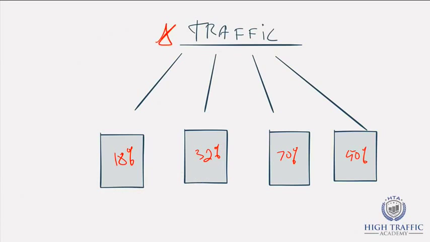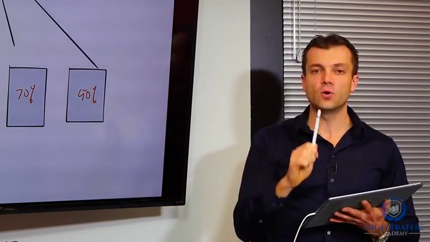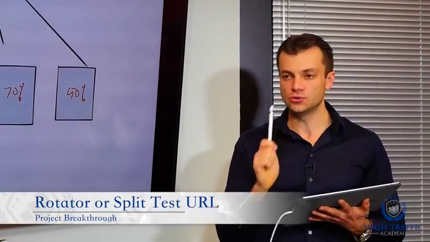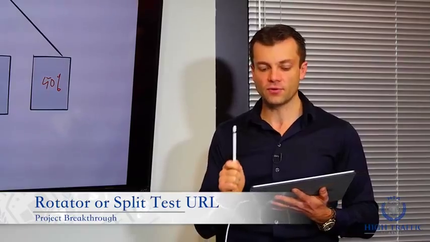Let's say I purchase traffic, I purchase clicks, and I get 1,000 clicks, which we'll talk about traffic starting tomorrow. If I get 1,000 visitors that I purchased, and I want to simultaneously see which landing page is going to be the best converting one, how do I do that? Well, I need something called a rotator or split test URL. Make sense? Split test URL, very, very important.